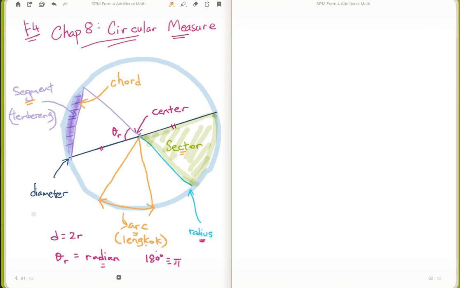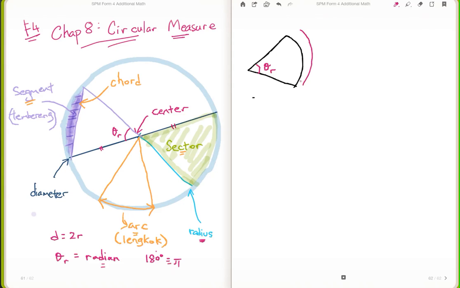Now, as what we have seen in the first page, we will do it over here, the next page. If you are given a sector of theta radian, the length is called panjang lengkok, symbol s, and the radius r.